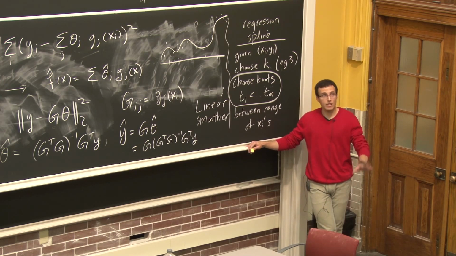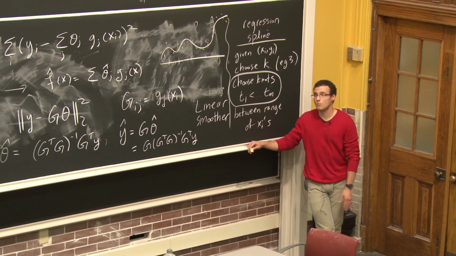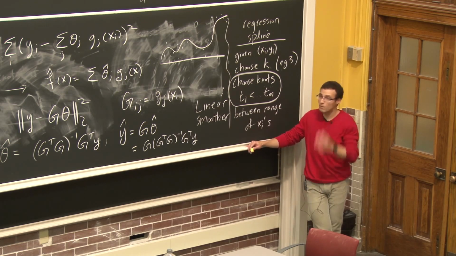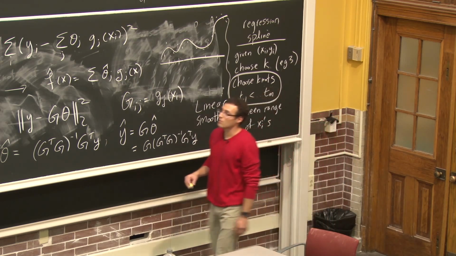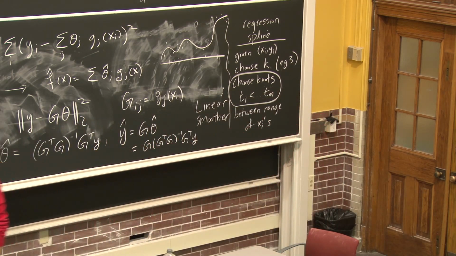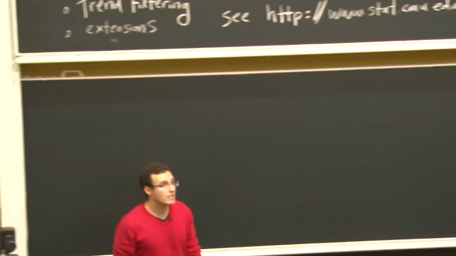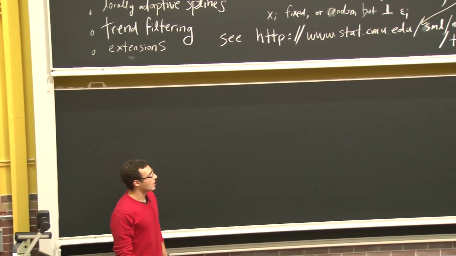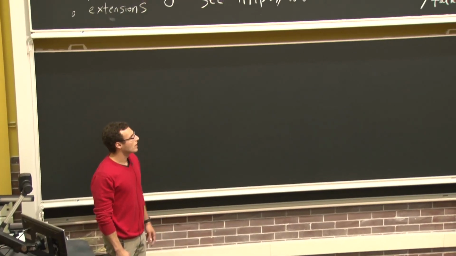Then a technology came out that I think was very important in statistics, and pretty much everybody uses it now to fit splines, at least splines of the classic form: smoothing splines. Smoothing splines were studied as early as 1960, but it wasn't until Grace Wahba and other people really championed them that they became popular, around the late 80s.